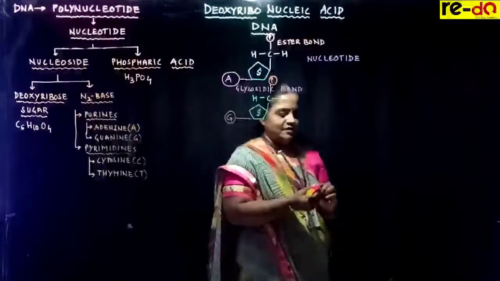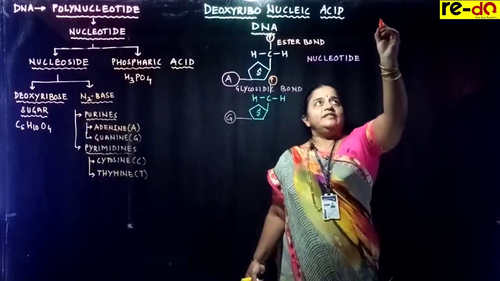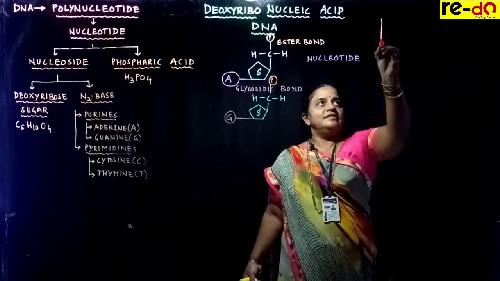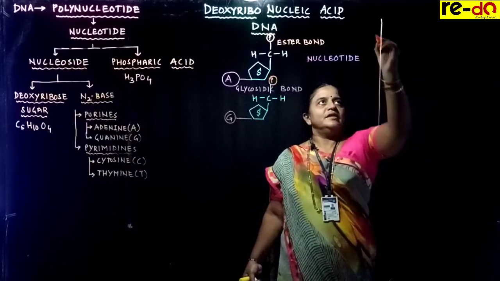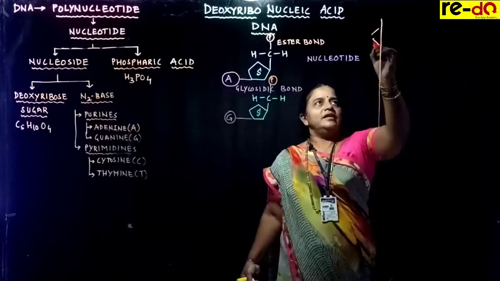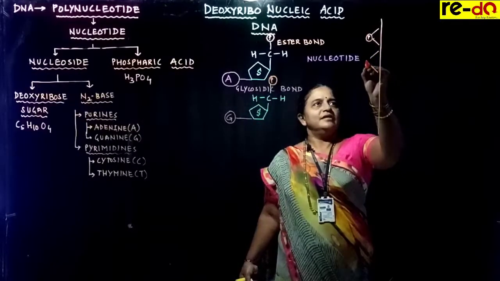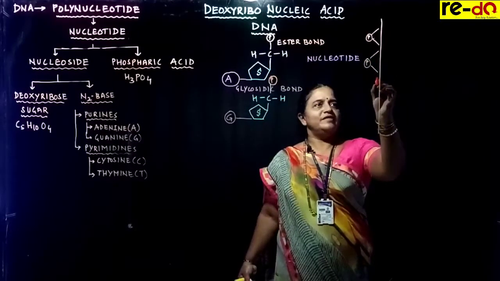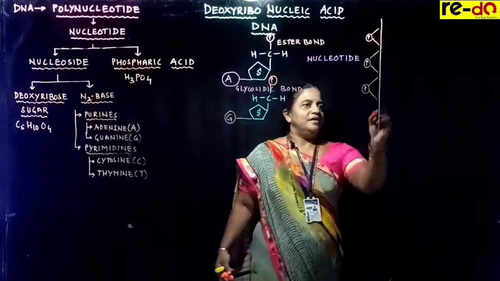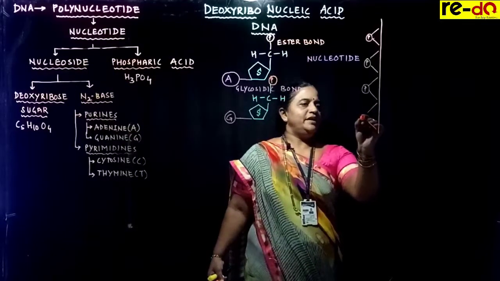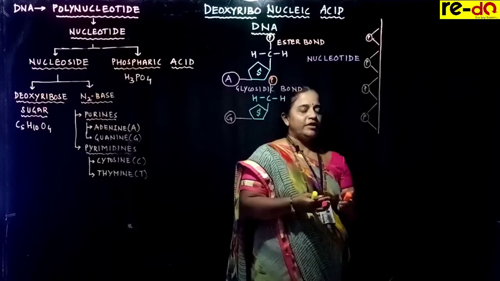When I draw this structure, let us consider this line represents sugars. They are interconnected by phosphodiester bonds. Let me complete it. At least 4 nucleotides we can take in a chain, so we can include 4 nitrogen bases there.